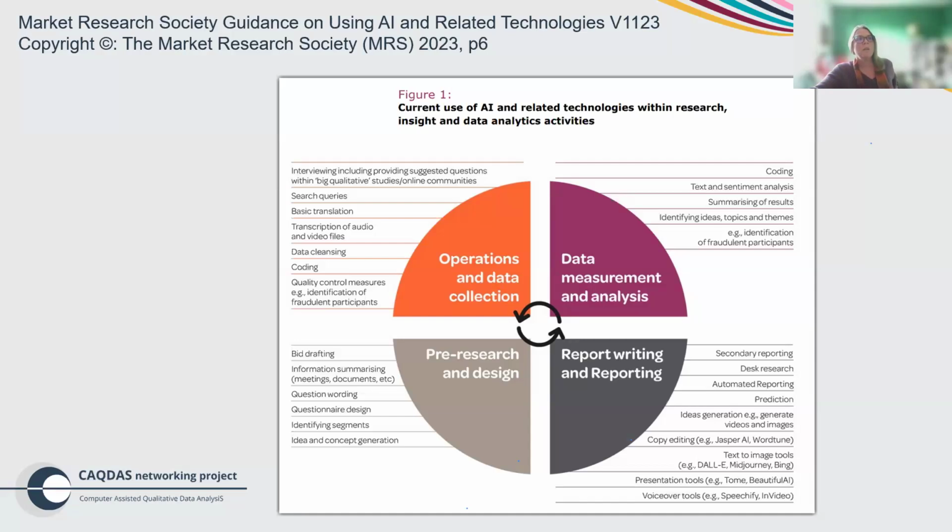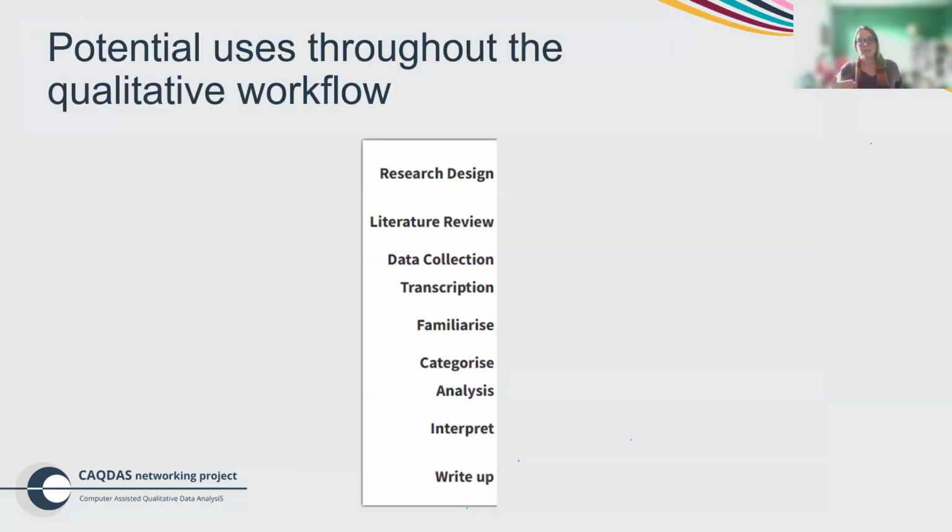But what I want to do is to put this into the context of qualitative research, and to do that by thinking about a typical qualitative research workflow. Now, of course, the actual qualitative research workflow, again, is specific to each project. But here are some high-level, broad phases or stages that are very common to many projects.